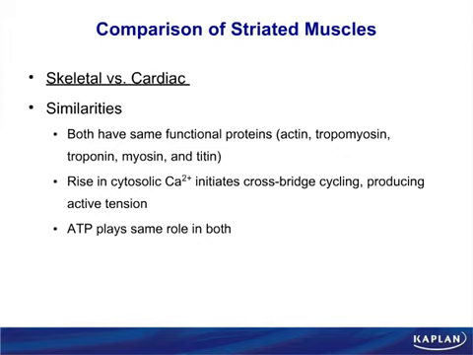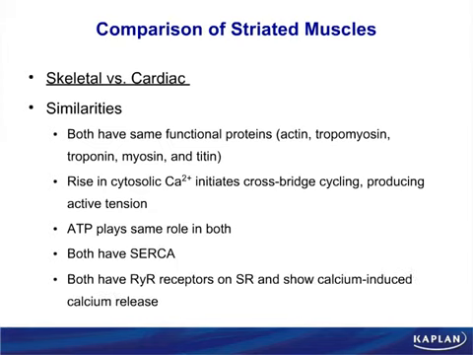We also need ATP to dissociate actin and myosin. We also need ATP to power the SERCA pump for relaxation. Okay, both have SERCA. Both also have ryanodine receptors on the SR, and they show calcium-induced calcium release. Now, the big difference here, though, is the source of calcium, and we'll talk about that in just a moment.